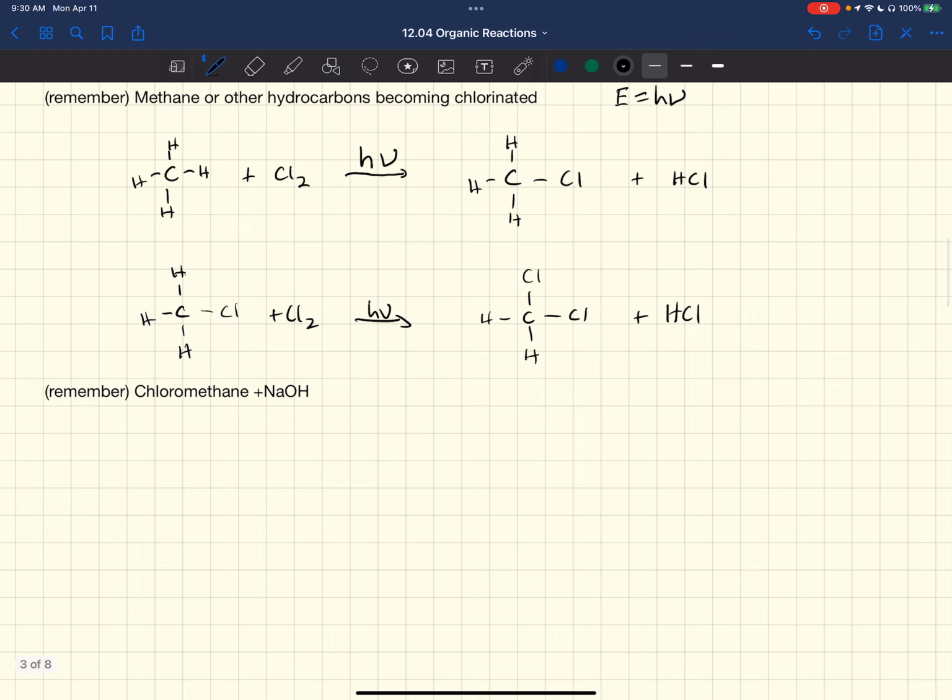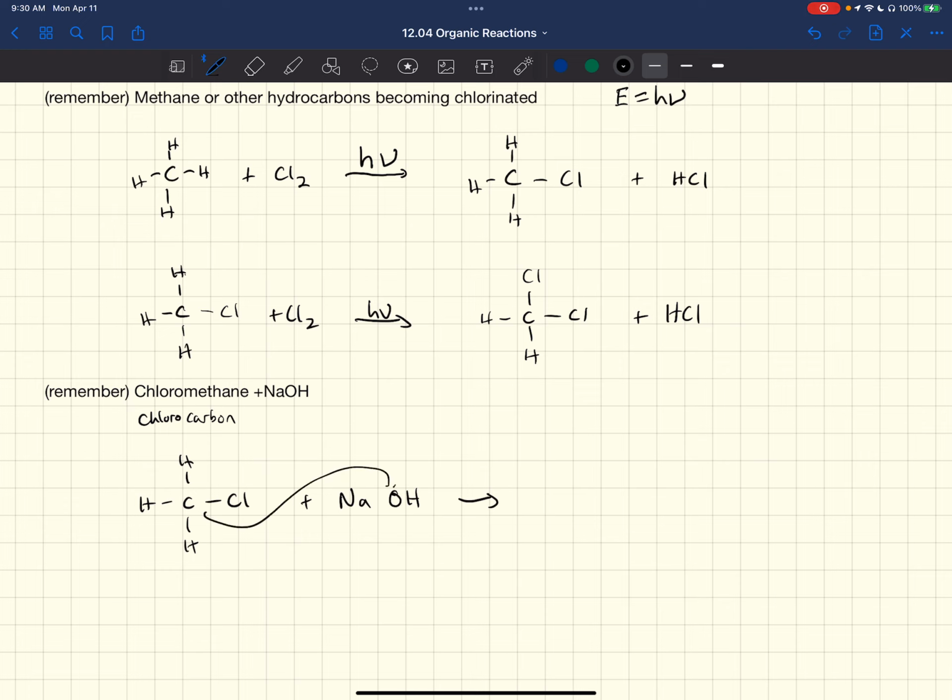Now, the next one that we need to do is a chlorocarbon, which is a carbon that has a chlorine attached. When you react it with sodium hydroxide, this hydroxide can come in and displace the chlorine.